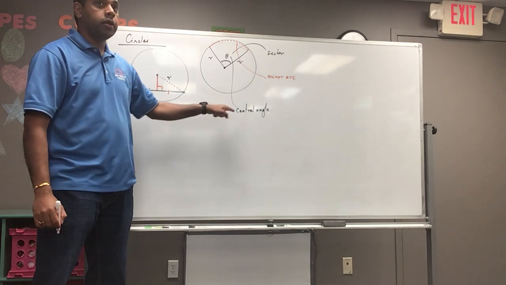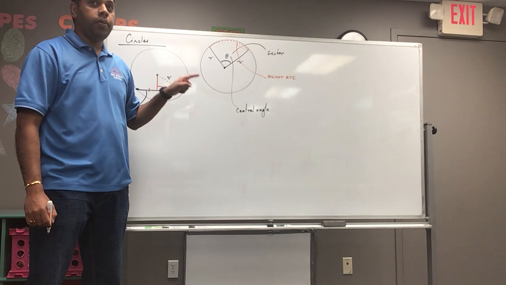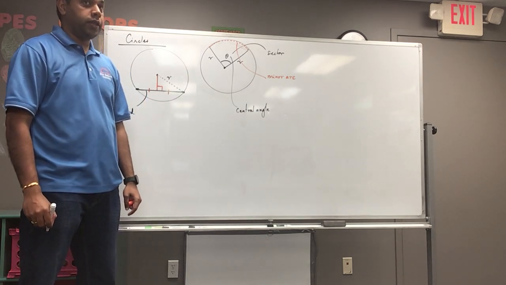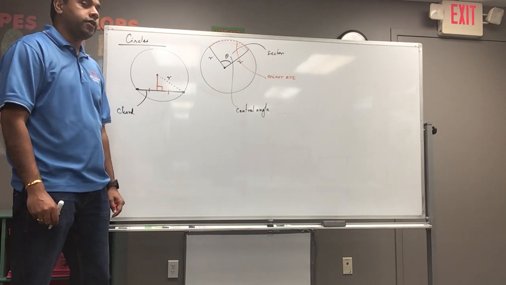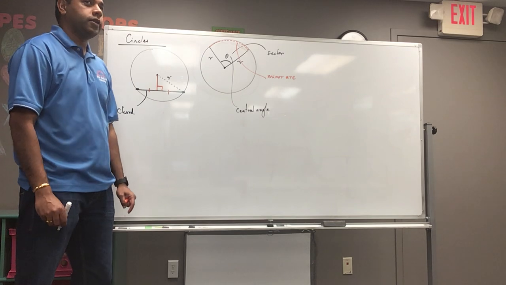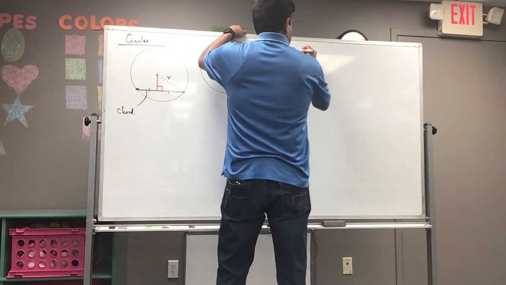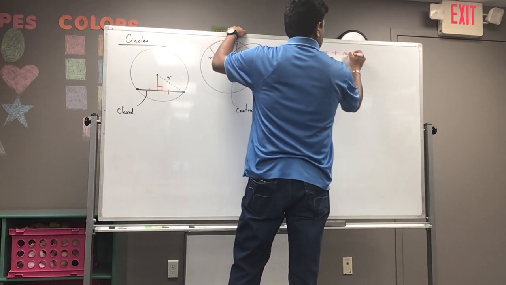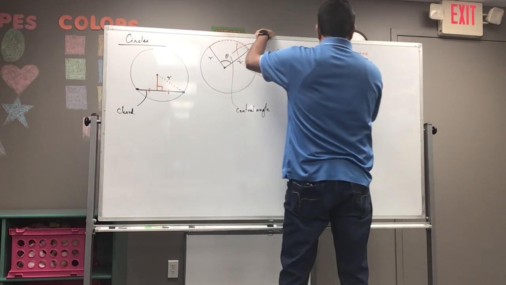So the remaining becomes the major arc. So minor arc plus major arc is equal to 360, also called 2 pi, also called circumference.